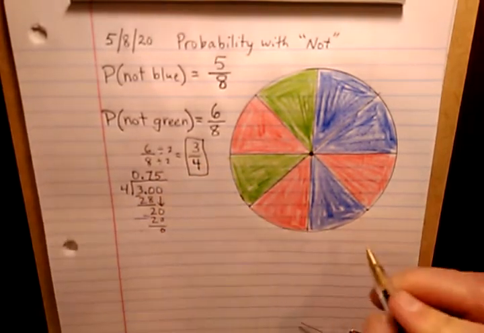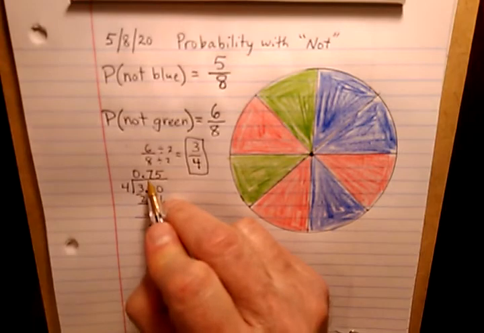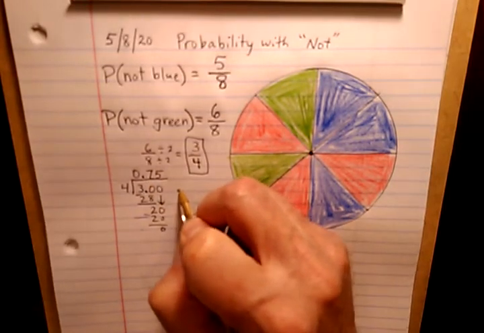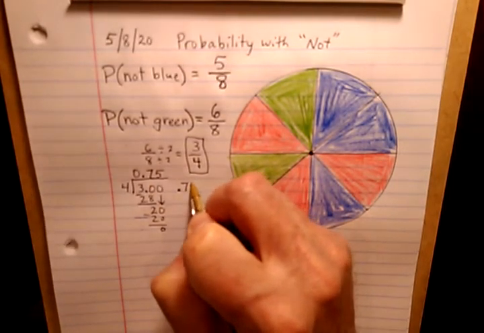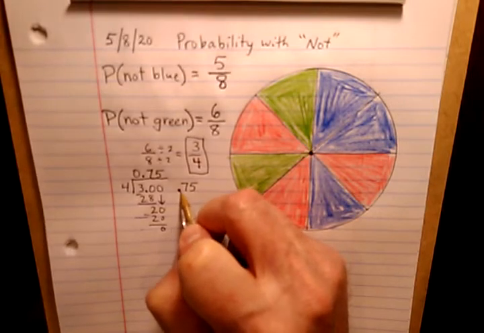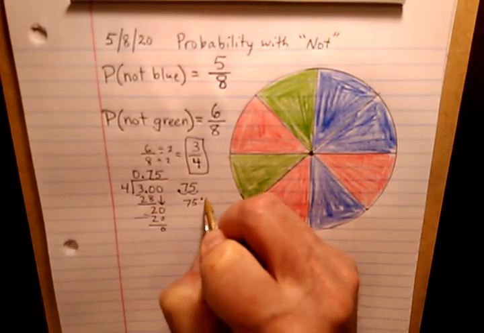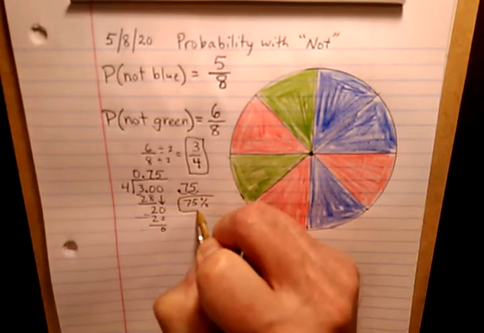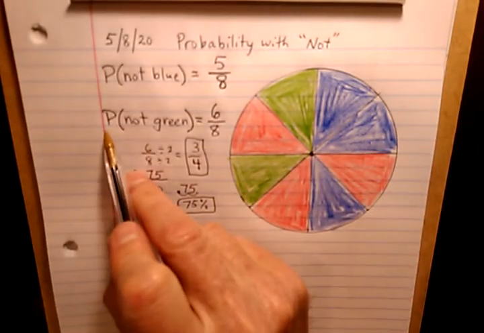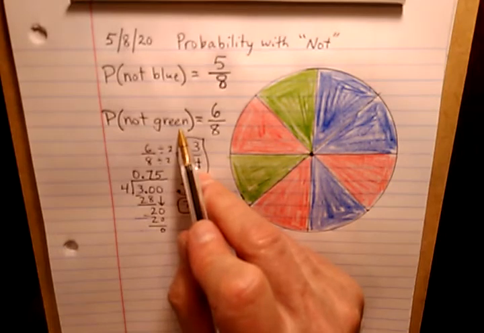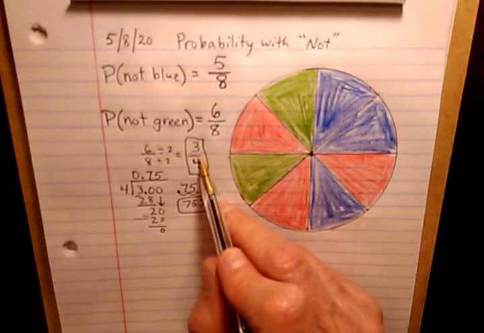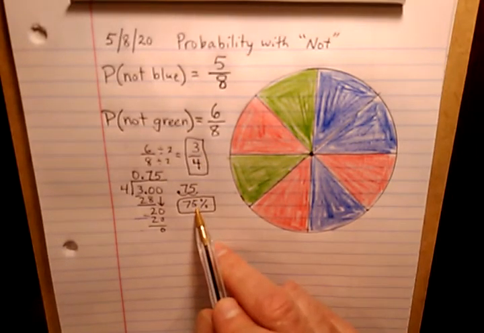Take away, no remainder, so 0.75. But 0.75 is a decimal, we need a percent. Remember, we have to move the decimal point 2 places and it becomes 75%. So we could say that the probability of not spinning a green is 3 out of 4, or we could say it's 75%.